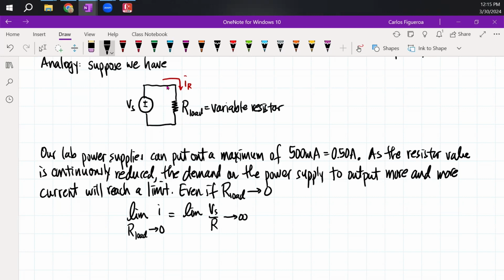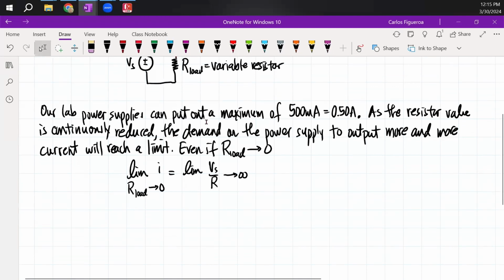But of course, that's crazy. A power supply cannot put out that amount of current.